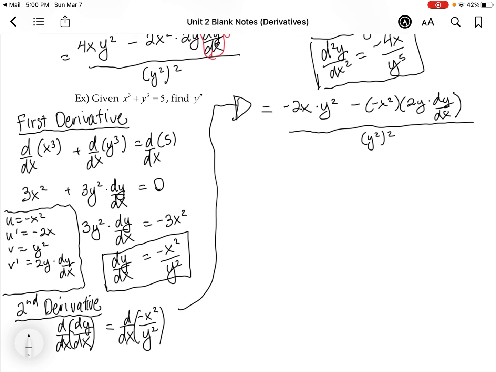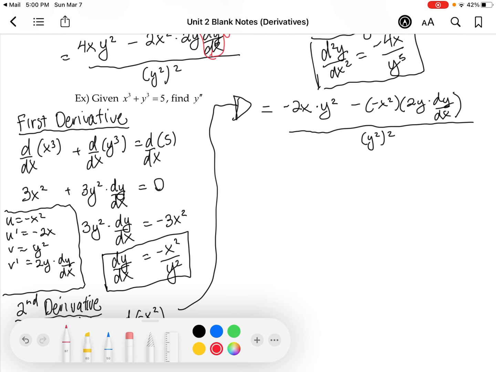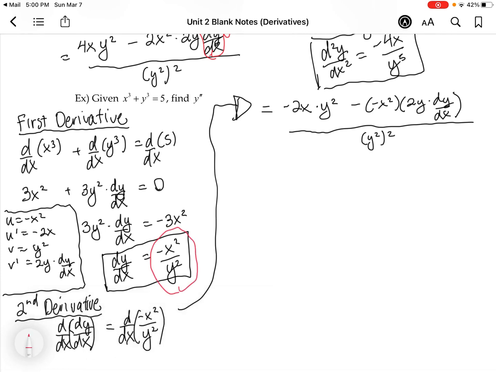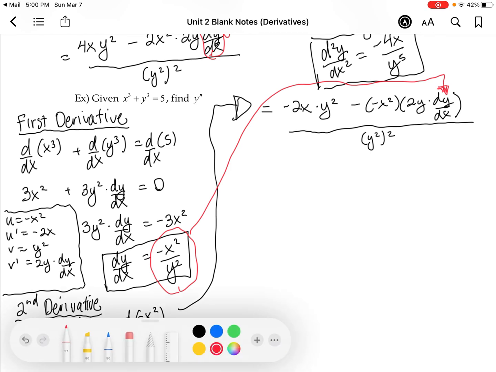And what we want to do, just like in the last example, is substitute in negative x squared over y squared for dy dx. So I'm going to take this and stick it in here, because that's what dy dx is equal to. All right, so let's go.